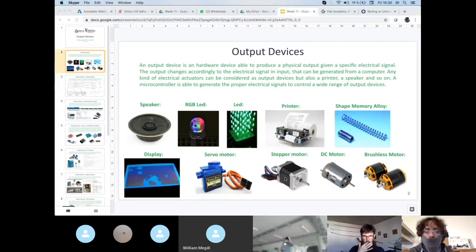A stepper motor is called this because it works in steps. This means that the shaft can rotate a certain number of steps to make a full revolution. Usually when you buy a stepper motor like this one that you see in the camera, it has 200 steps per revolution.